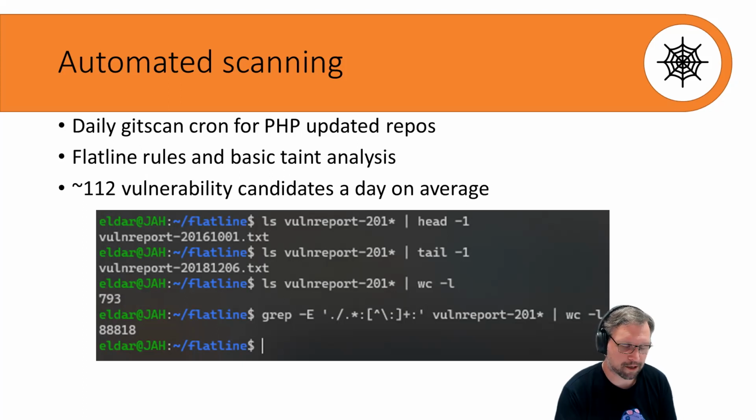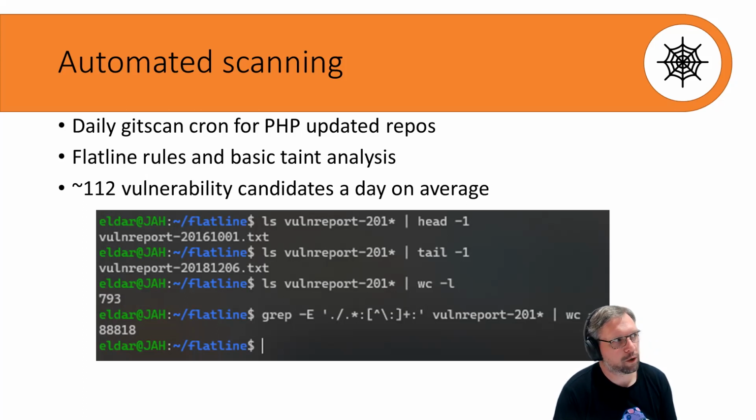A lot of the repos I scanned, obviously, were just homework and hobby projects that have no users and it's not worth reporting for. So it was obviously a review process every time, but yeah, that's approximately 112 vulnerability candidates a day.